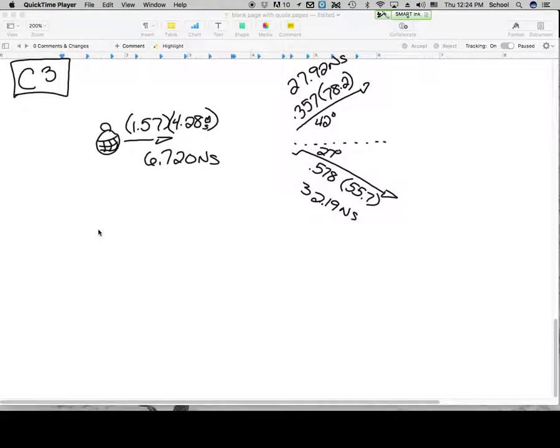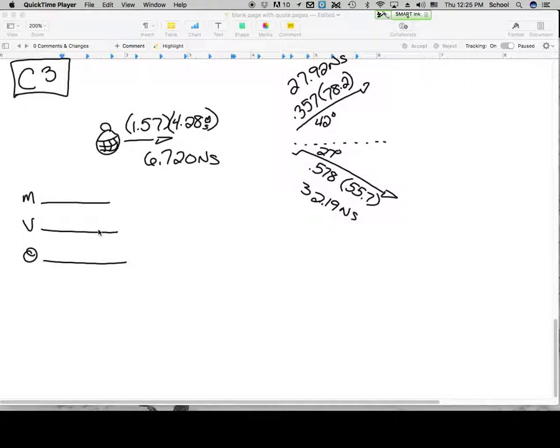So now we want to find out what is chunk 3's mass, what is its velocity, and what is its angle. Well, the first part is super duper easy. How do we find the missing mass? Subtract your extra.